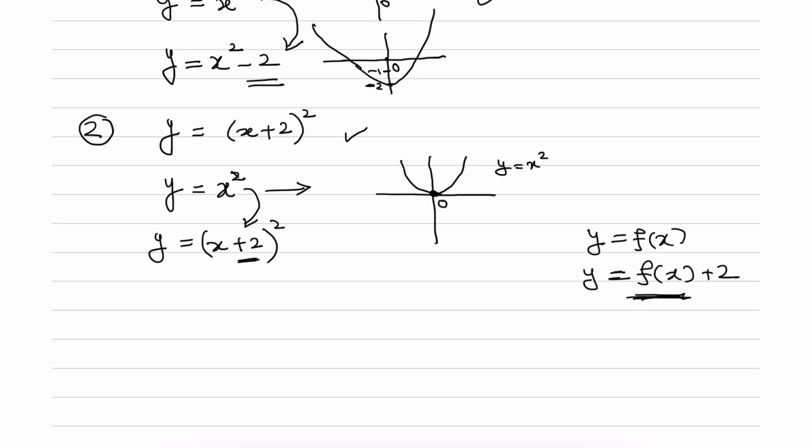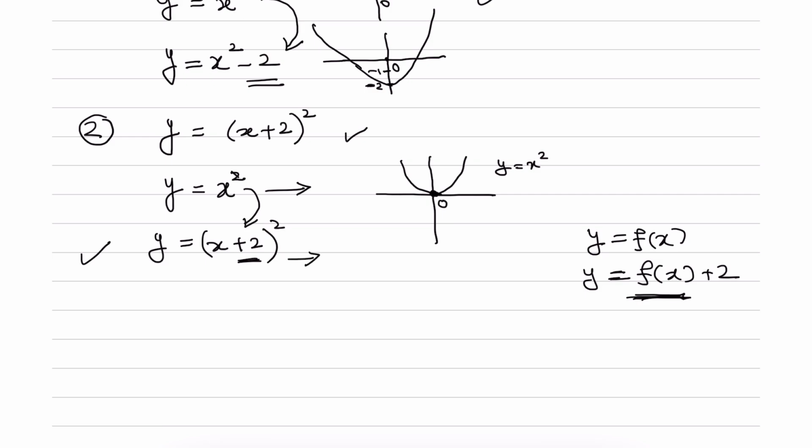But here we are not adding 2 in the complete function, we are adding 2 only in x. So whenever a change is made in x, the graph is shifted 2 units left. Means when a number is being added in the variable x, you shift the graph 2 units left.